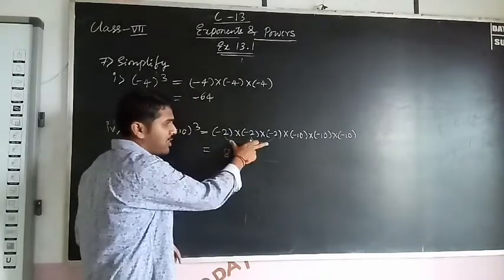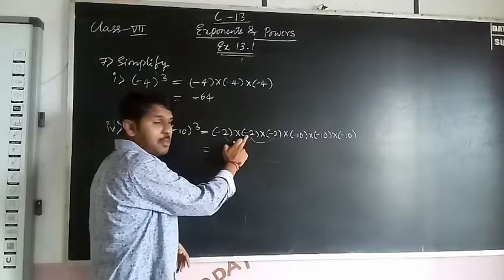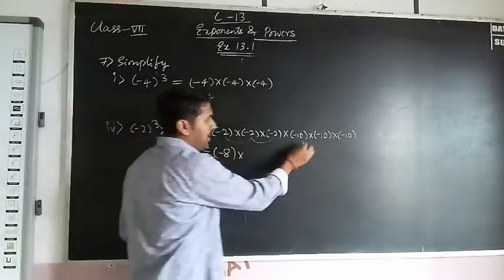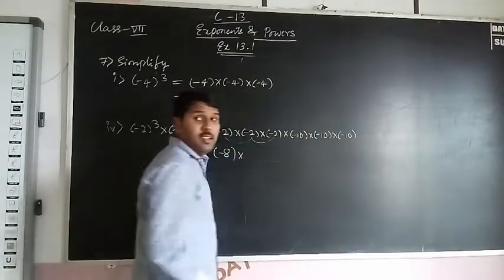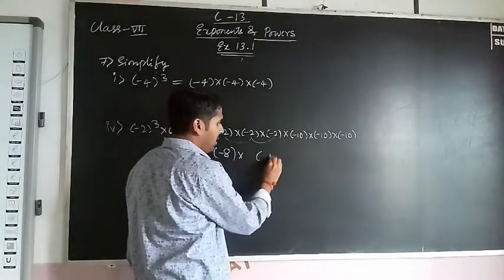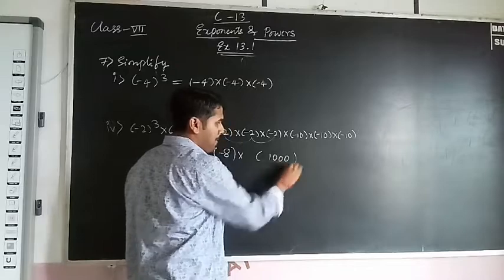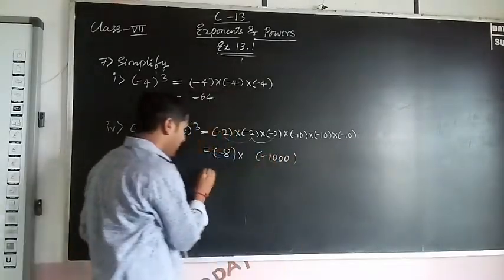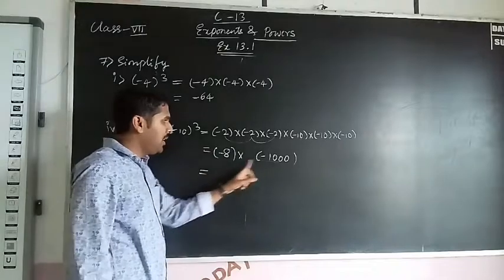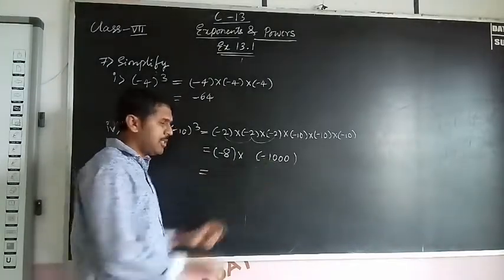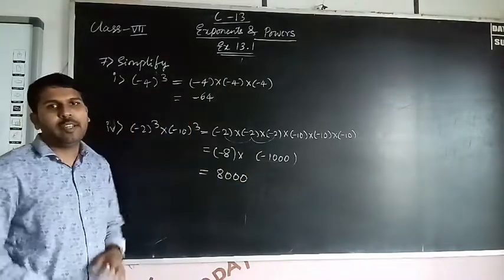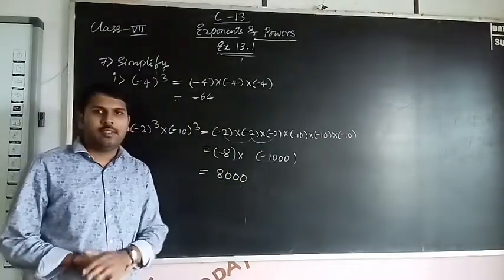Okay. So first solve this one. Minus into minus plus, plus into minus, minus. So minus 8 into 10 times are 100, 100 times are 1000. So this is 1000. Minus into minus plus, plus into minus, minus. So now minus into minus plus, 8 into 1000. Answer will be positive 8000.